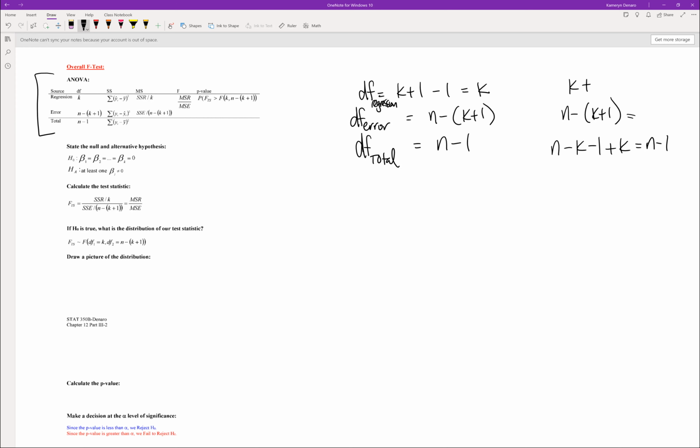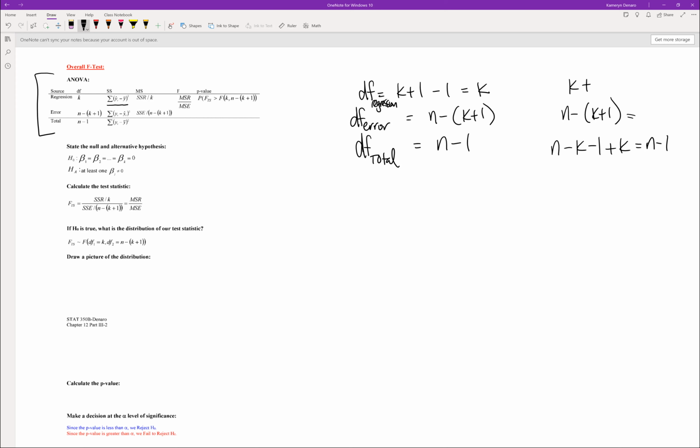Okay, we have our sum of squares. We have our sum of squares due to regression right here, those are our yi hats minus our y bar, squared. We have our sum of squares due to error, that's our observed minus the predicted values, yi minus yi hat, squared.